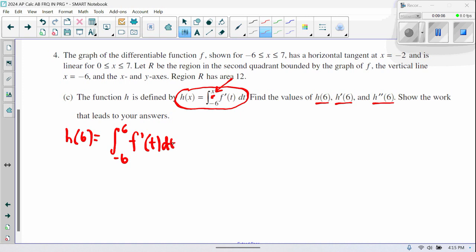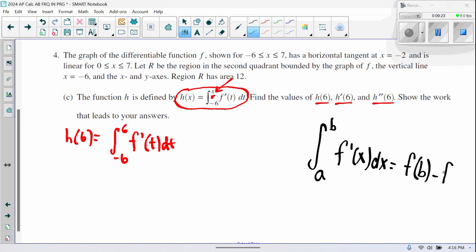Guys, I mentioned that when I take an integral from any bounds of a derivative, that goes back to the original function from the upper bound minus the lower bound. I mentioned this in review, and I said it would happen definitely in the exam. It was on free response question 1. I believe it happened again in free response question 2, and it's happening again right here. What do I mean?